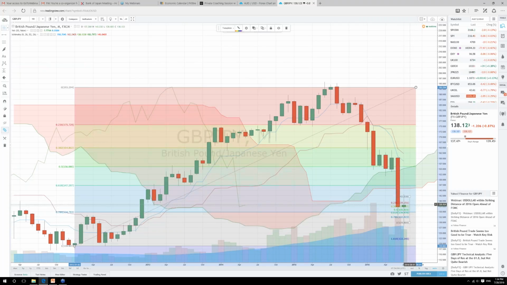And if the month of July forms a bullish candlestick, that could actually signal a bullish reversal. Because after a massive bearish candlestick, a spinning top, and then a bullish candlestick, that would create what they call an evening star, which is a bullish reversal.